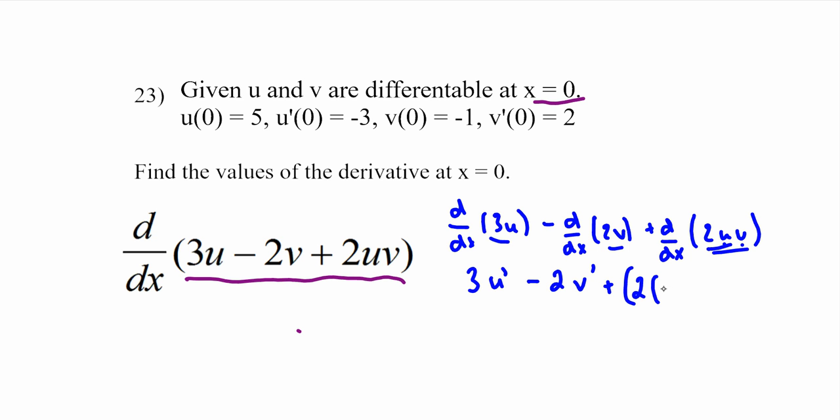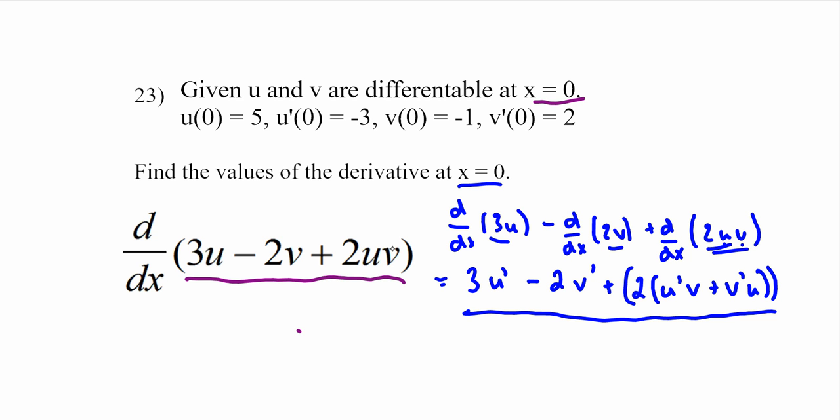We're going to take the derivative of the first, so that'd be u prime times v, plus the derivative of v times u. And that's what we got. Now, we're going to try to find the derivative at x equaling 0. So this would be our laid out solution to this.